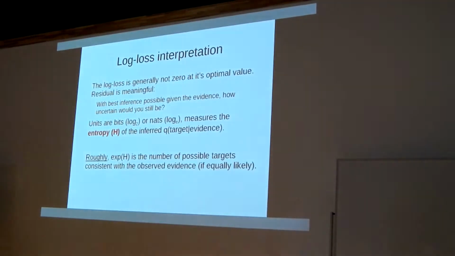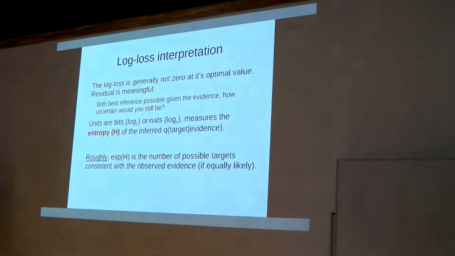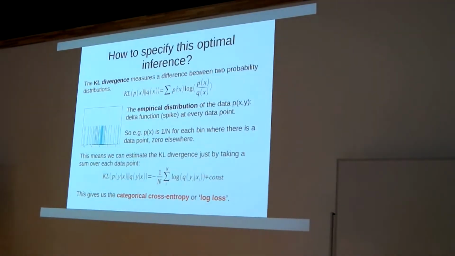Okay, so what does this let us do? Why should we care about this log loss, or do we just hide it inside the machine learning algorithm and move on? Well, it's not 0 at the optimal value. In the coin flip example here, it got down to 0.75. And that residual is meaningful. Maybe it's not clear where that residual came from, because here I said if the KL divergence is 0, I match the distributions.